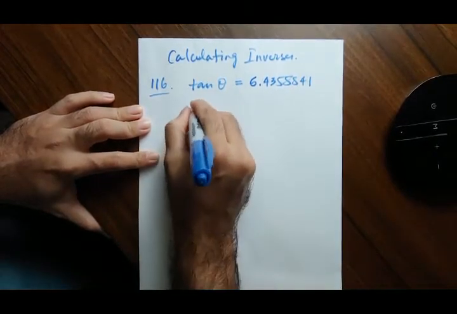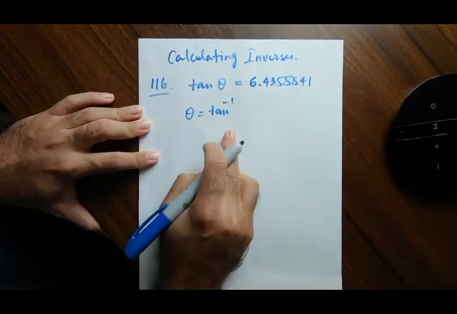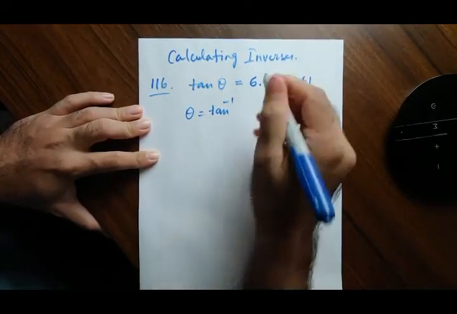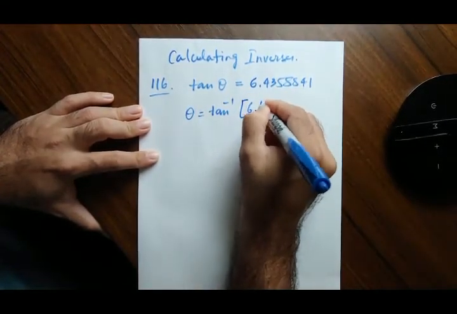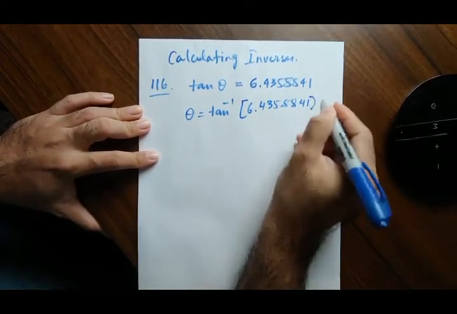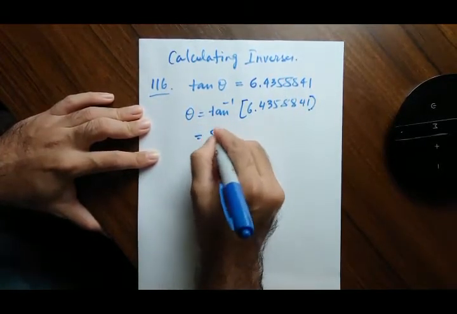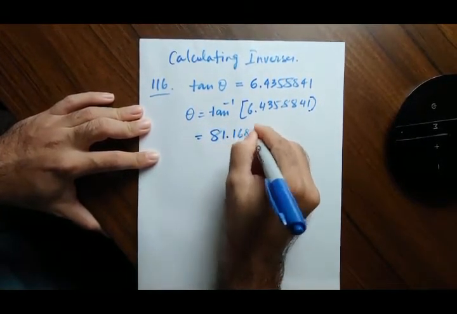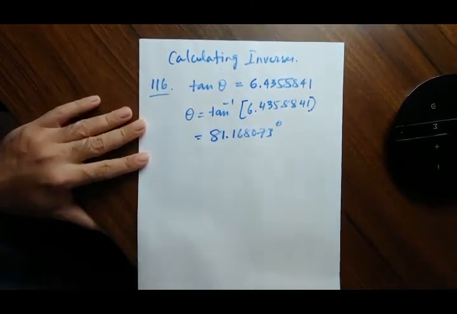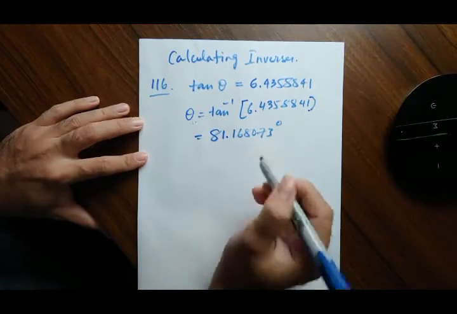So calculating theta, we have to write tan inverse, and there is an inverse function in your calculator. Tan inverse of 6.4358841. If you do that in the calculator, the answer will be 81.168073 degrees. So the answer is in terms of theta, and theta is in degrees.